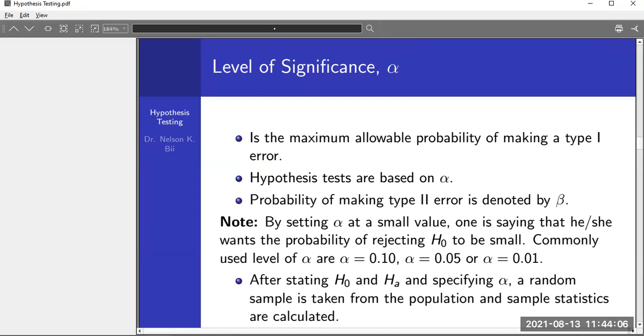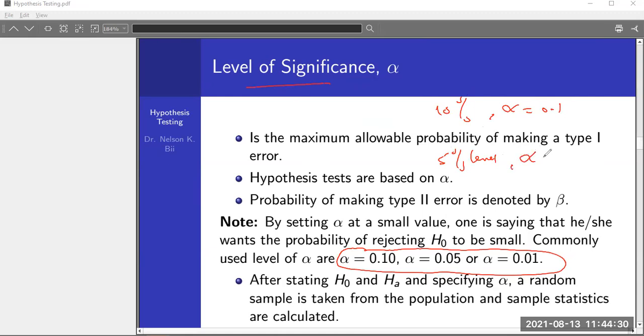And we have the most commonly used levels of significance. So we are normally told to test the hypothesis at 10% level of significance, meaning when alpha is 0.1, or carry out the hypothesis testing for a given scenario at 5% level of significance.